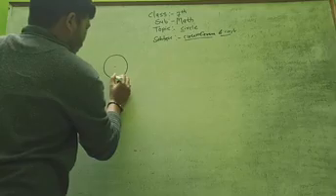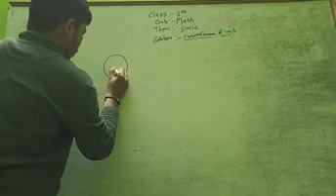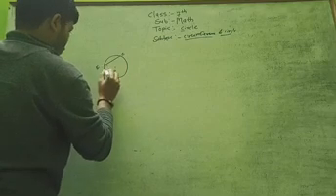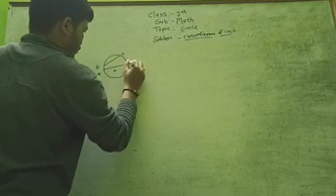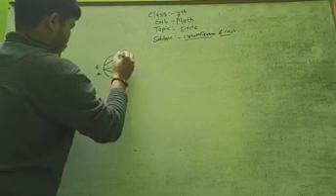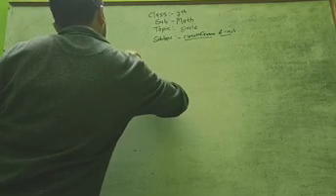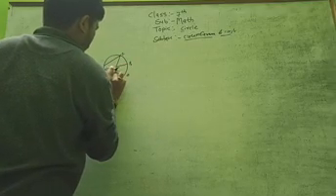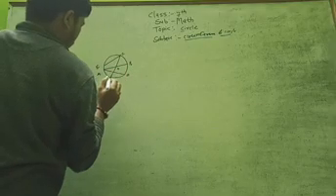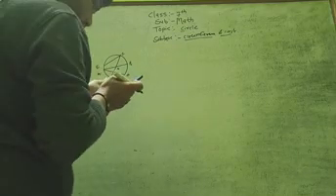So this is our circle. On your page number 75, the diagram is given, with center O.